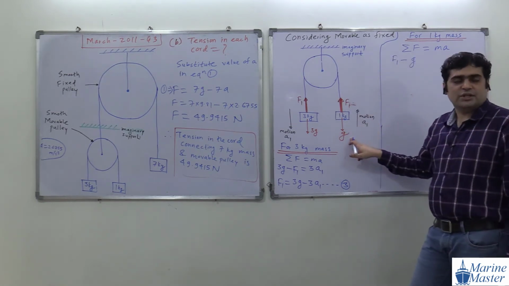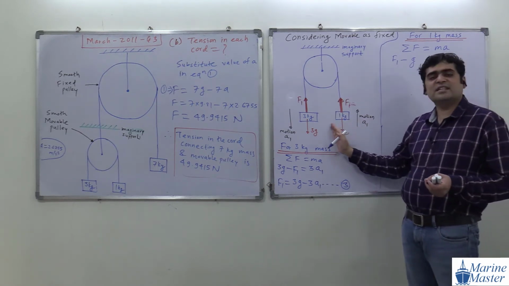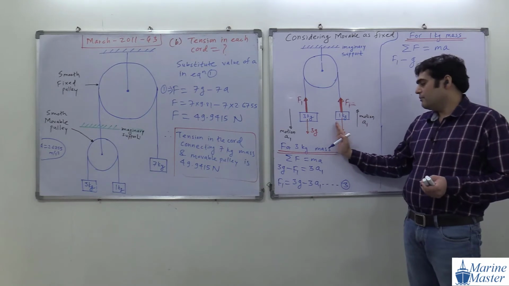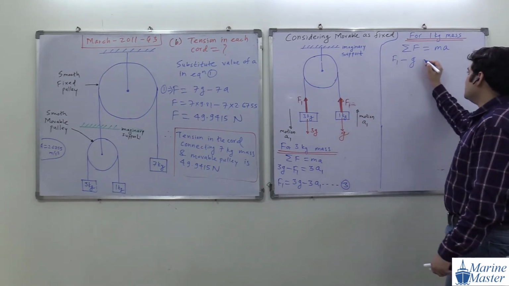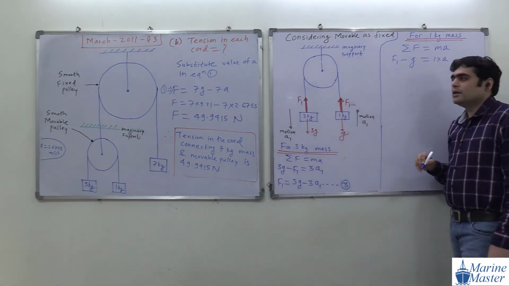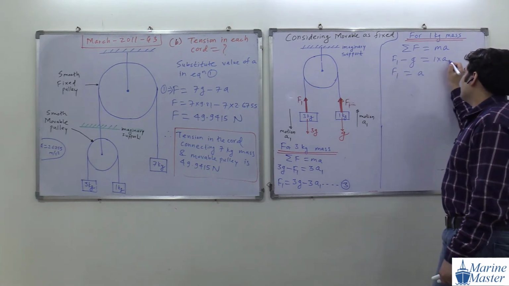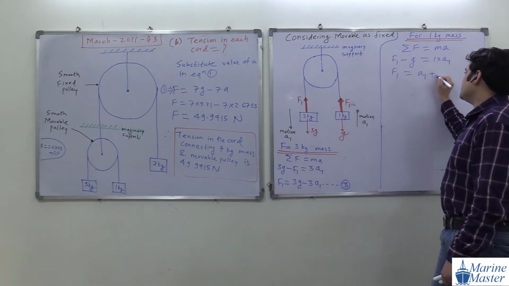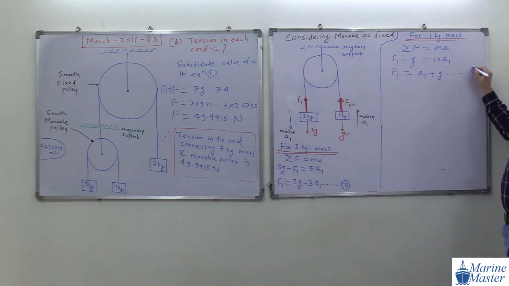Basically it is 1g, but 1g or g has the same meaning, because if nothing is written, the coefficient is 1. So 1g is equal to 1 into a. So F1 is equal to a1 plus g, and we will call it equation number 4.